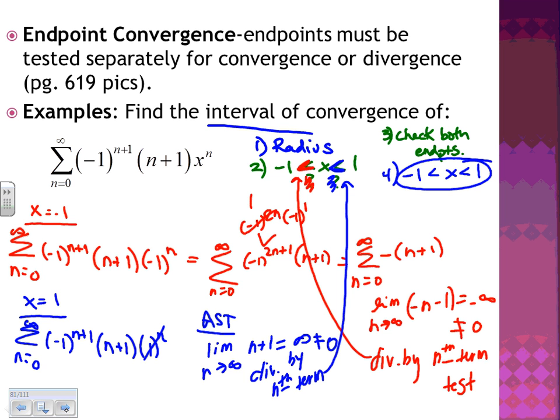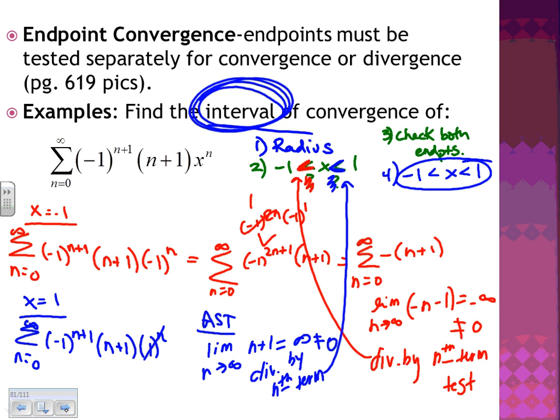So, if it says interval of convergence, you've got a lot of work to do. Unless, and you notice how you have some space up above to write, so we're going to write this part: unless you have a geometric series. Why? Look it up on your little flippies or in your notes, wherever.